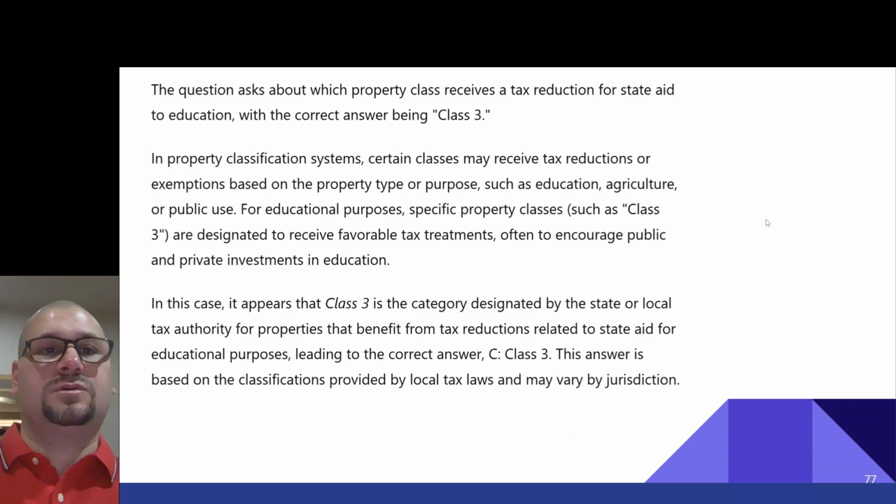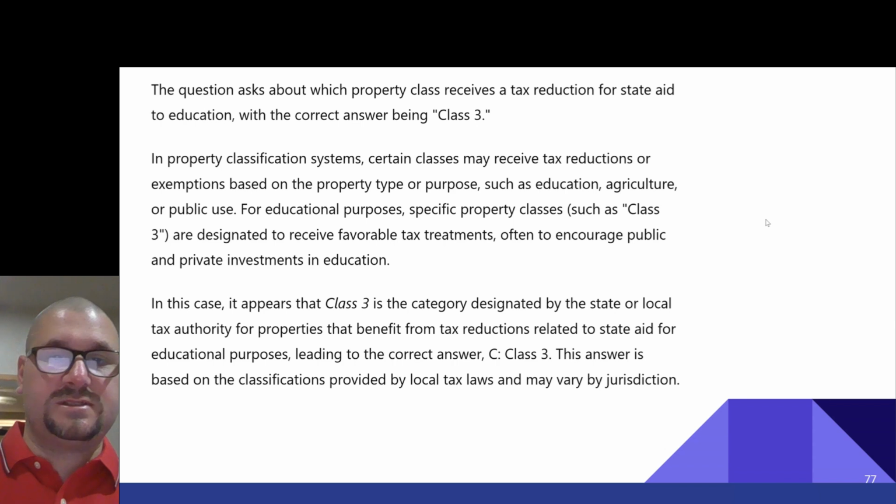Class 3. The question asks which property class receives a tax reduction for state aid to education, with the correct answer being Class 3. In property classification systems, certain classes may receive tax reductions or exemptions based on the property type or purpose, such as education, agriculture, or public use. For educational purposes, specific property classes, such as Class 3, are designated to receive favorable tax treatments, often to encourage public and private investments in education.